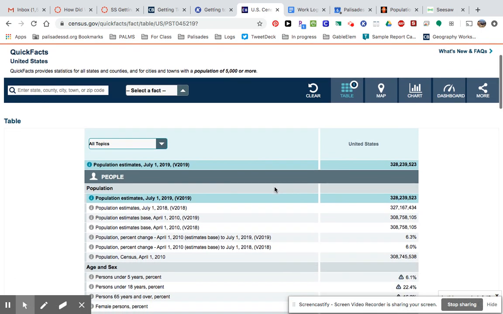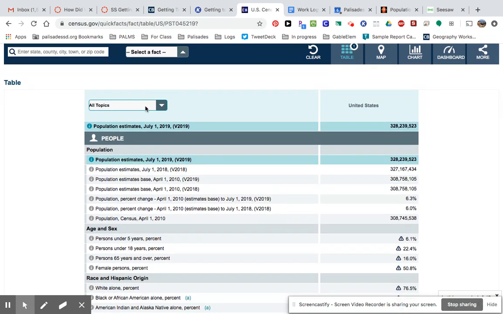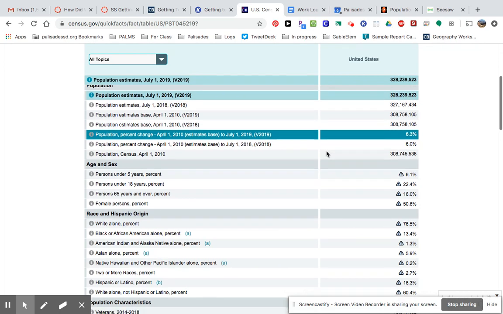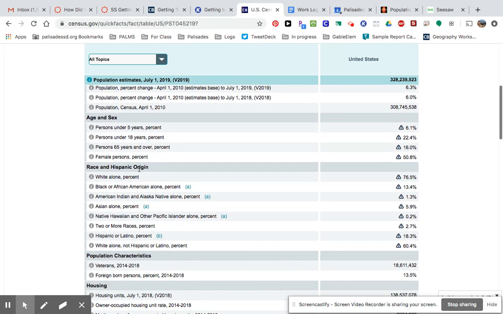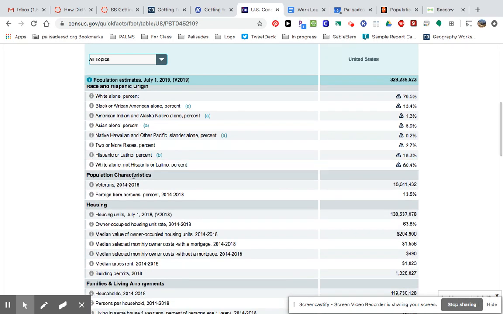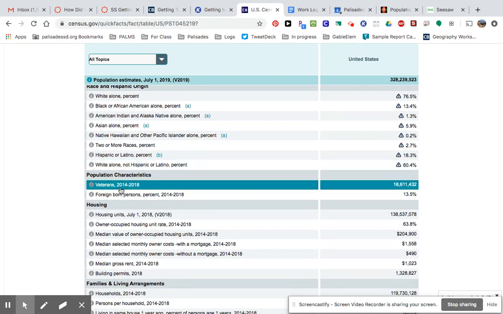So right here, what we're looking at is the population for the United States as of July 1st, 2019, so last summer. And you can see we were at 328 million, okay? Now, they break it down: population estimates, age and sex, race and Hispanic origin, population characteristics, like how many veterans did we have?